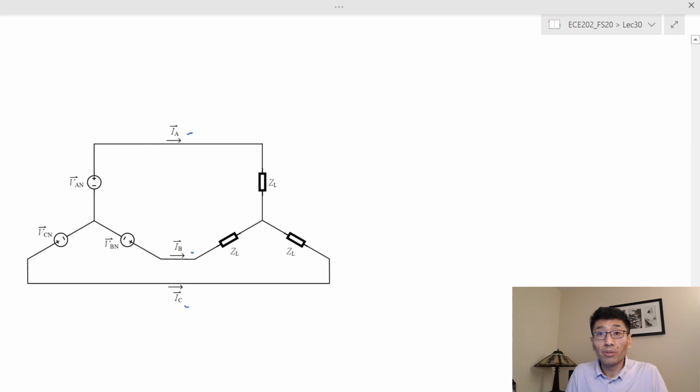This is a very useful feature of the three-phase system, because think about it, I only use 3 wires to transfer 3 times the power. So it has a huge advantage, especially if the load is very far away from the source.